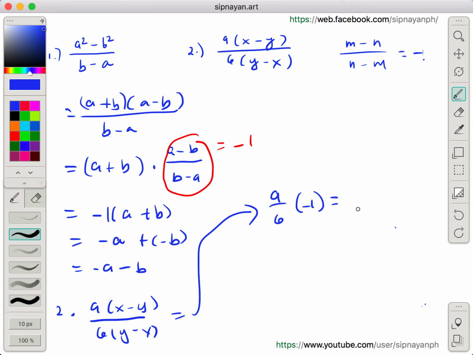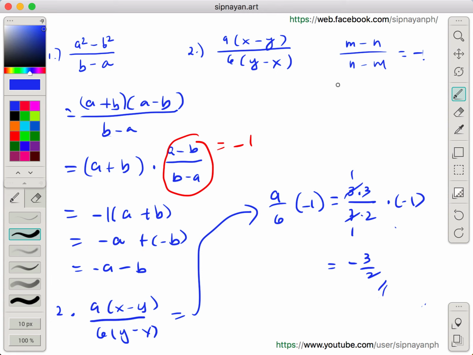Pwede natin to i-simplify, magiging 3 over 2 yan, di ba? Divided by 3, anyway, 3 times 3 over 3 times 2 times negative 1. So, we cancel out. Meaning, this is negative 3 over 2. So, negative 1 times 3 over 2 is negative 3 over 2.